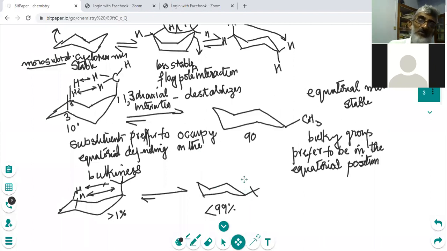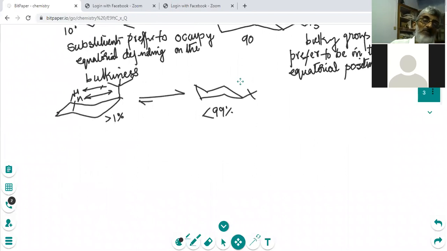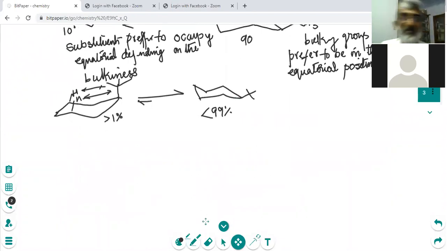Therefore, if you can convert one form of a compound into another form of the same compound without breaking a bond, you call these conformations. These are two different conformations.